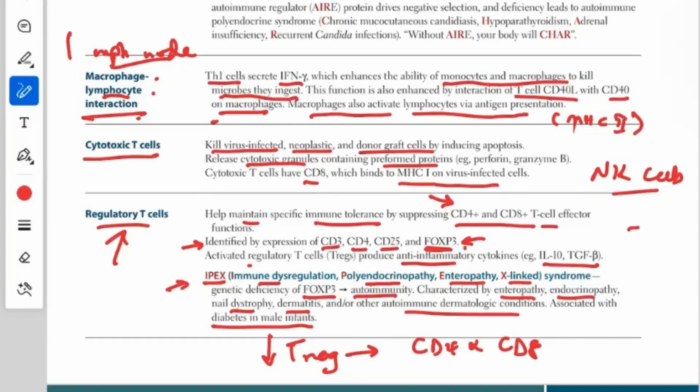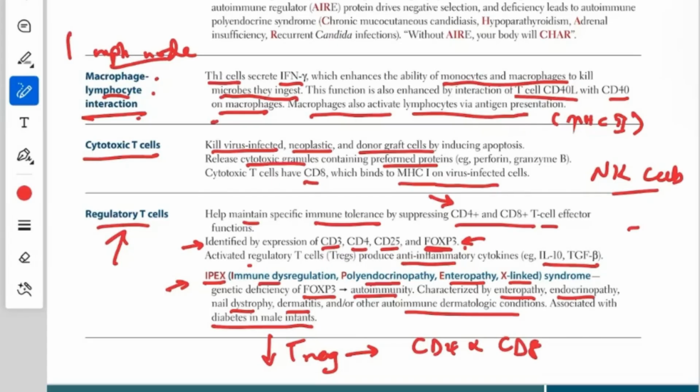So this typically occurs in young children. This FOXP3 problem occurs in young children. So you see a young child with diabetes, and then you see eczema, disfigured nails, malabsorption with probably GI diarrhea, and then some endocrine disorders. You should start thinking of FOXP3 deficiency.